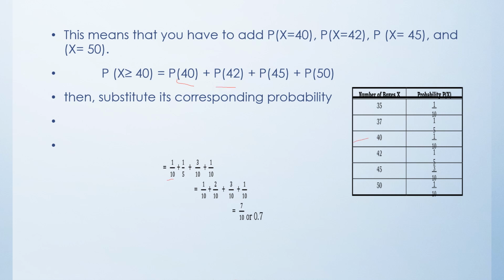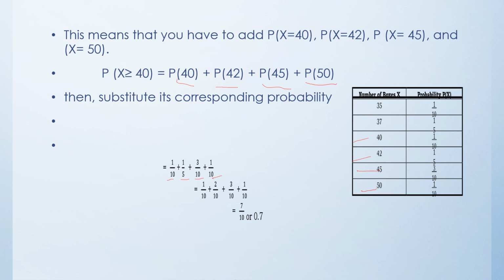And probability of 42 is 1 over 5. So, plus 1 over 5. Plus probability of 45 is 3 over 10. Plus 3 over 10. Plus probability of 50 is 1 over 10.